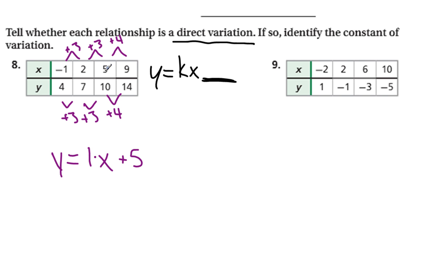Because if we tried like 9 here, 1 times 9, we want it to equal 14, so we have to add 5 to that. So since we have plus 5, it is not direct variation. Not.